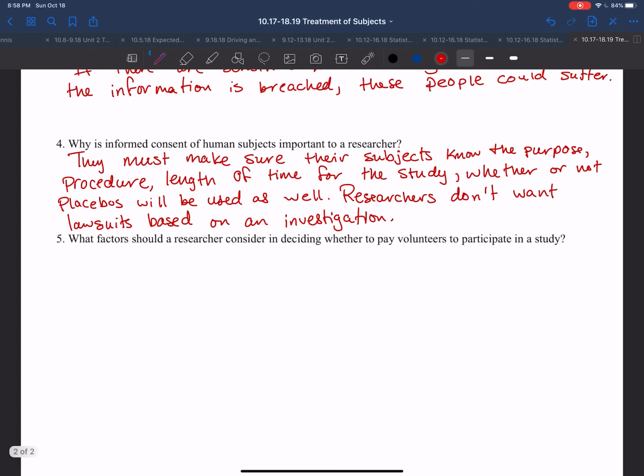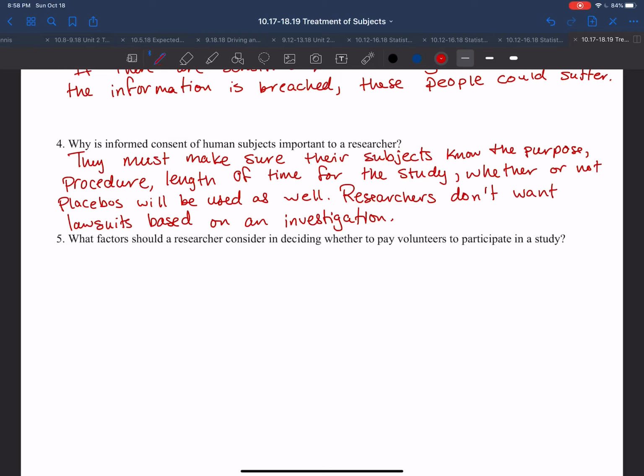And now number 5, it says, what factors should a researcher consider in deciding whether to pay volunteers to participate in a study? Now, it is legal to pay volunteers for research participation, and it's especially common when there are very few or no health benefits. Now, the amount must be decided in advance.